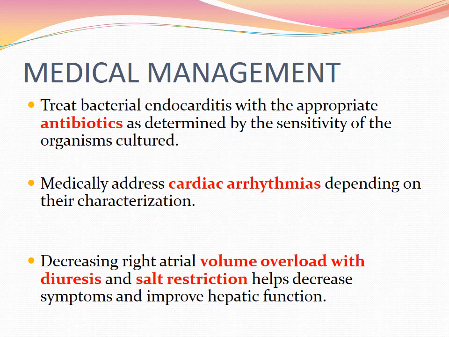So antiarrhythmics will also play an important role, and to take care of the edematous condition, the patient is going to be on diuretics, the most common one being furosemide or Lasix, along with insisting that the patient and the family follow a salt restriction.